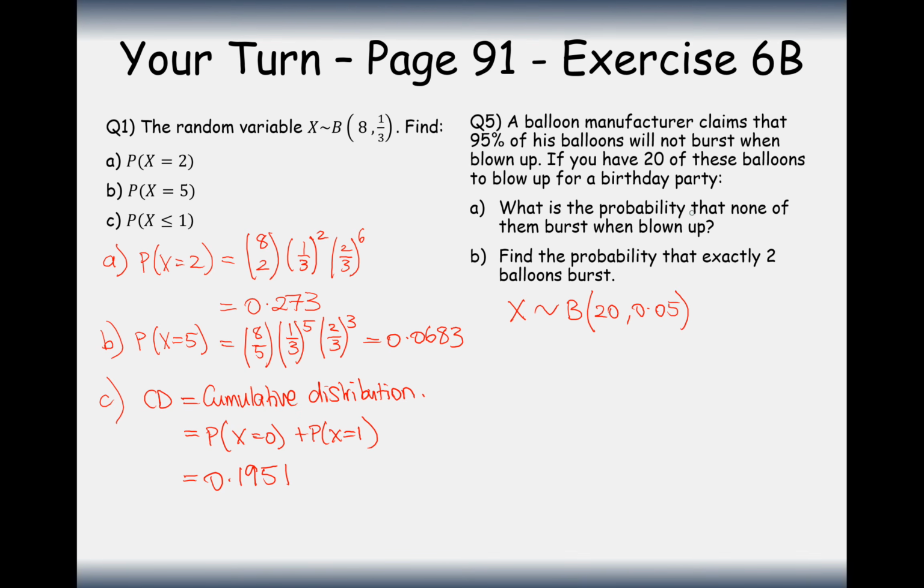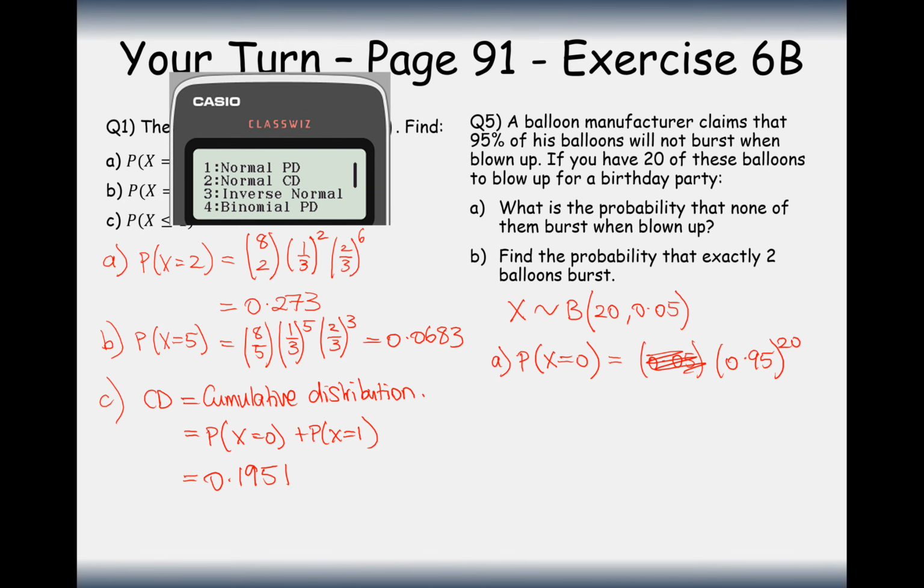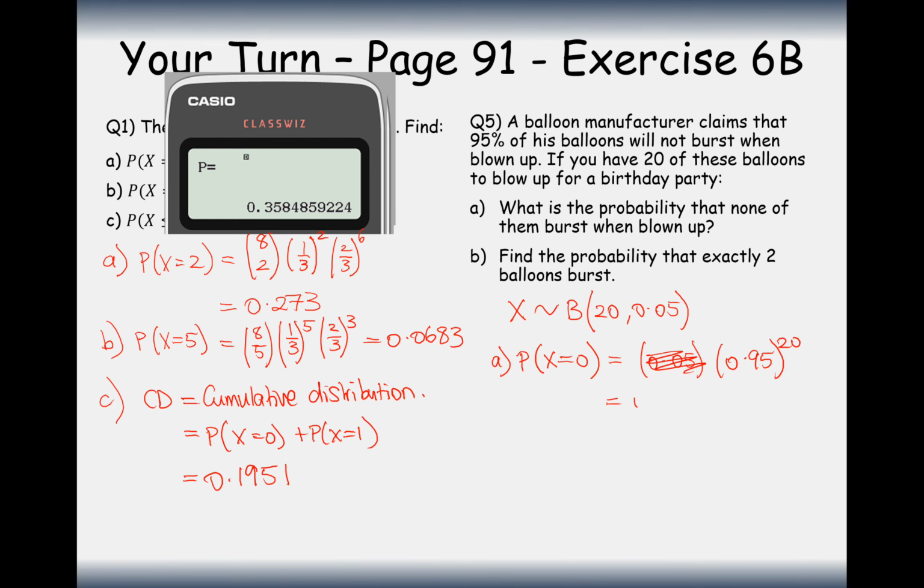If we want none to burst, then we want the probability of x equals 0, which is 0.05 to the power of 0, so we don't really need that bit, times 0.95 to the power of 20. We can also do it on our calculator. Go to the binomial probability distribution mode, click variable, we want no balloons to burst, out of 20, probability of 0.05, so we get 0.3585.